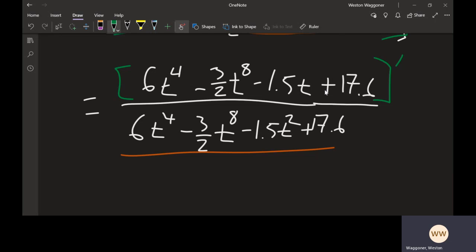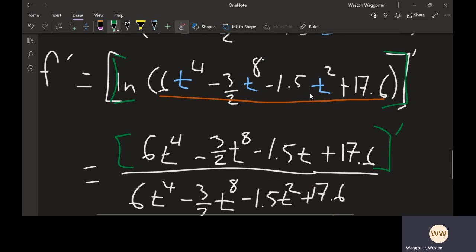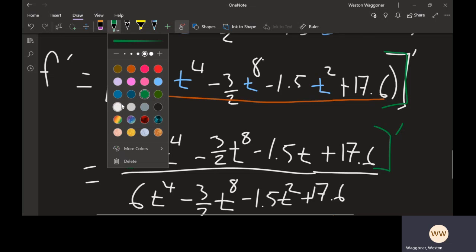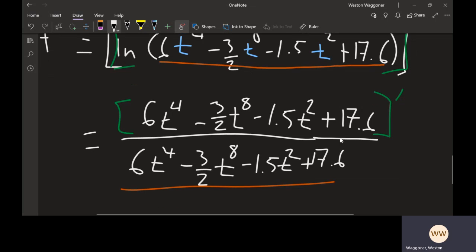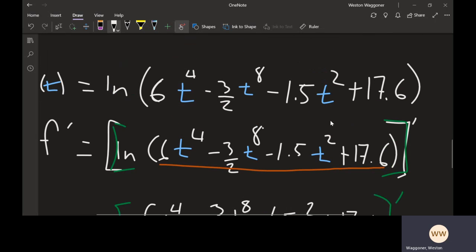Okay, so now we're going to take the derivative of what we have on top. This is going to be a lot of power rules. This is a 1.5t, and this is going to be squared. The nice thing about this 17.6 is that it's going to go away when we take its derivative.